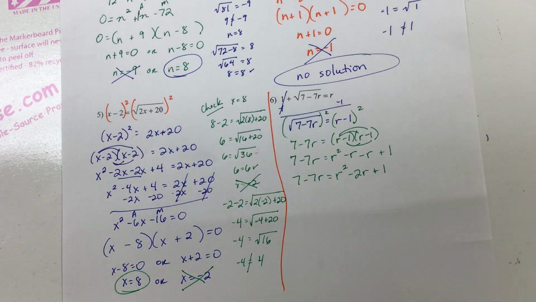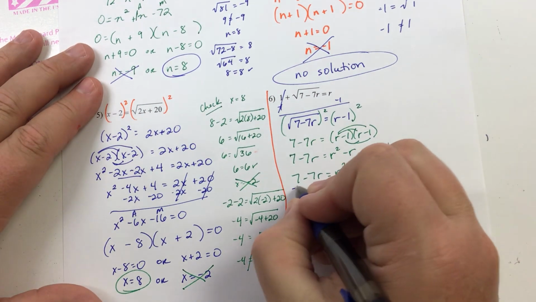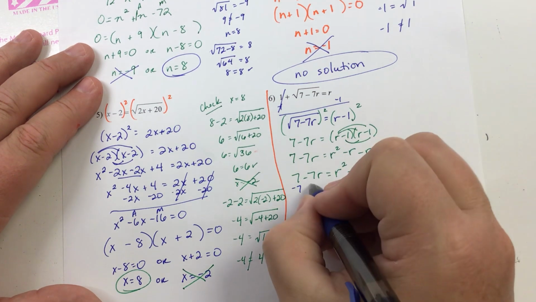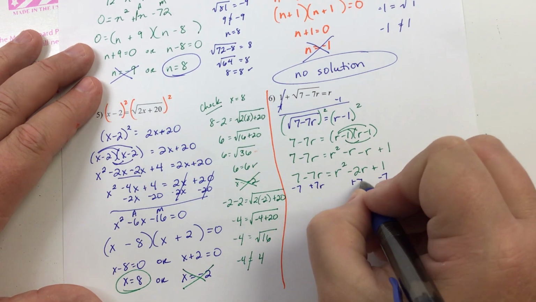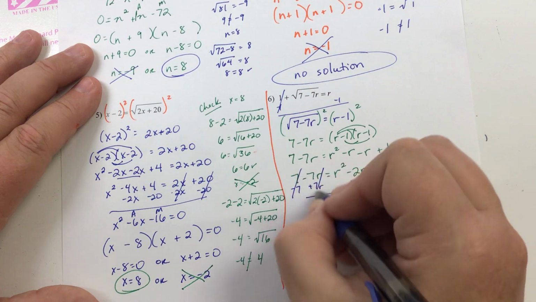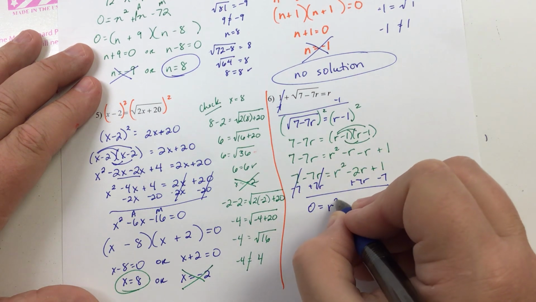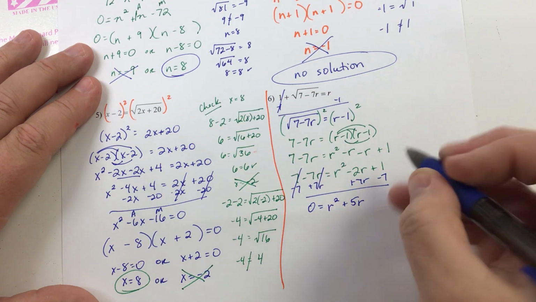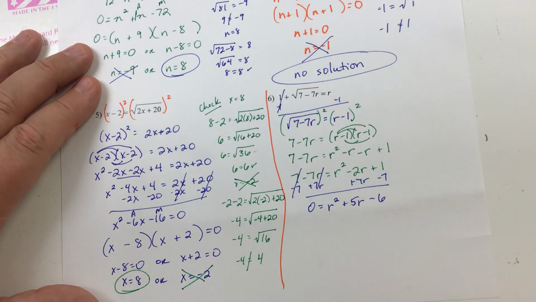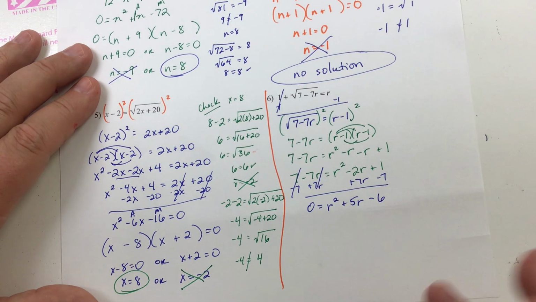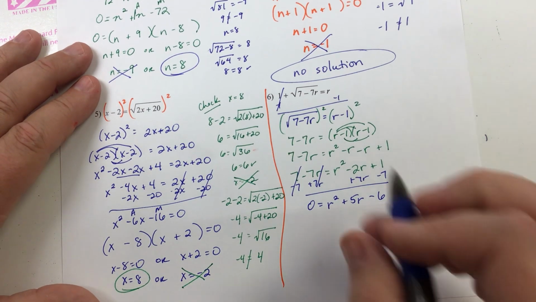Since it's a quadratic, I need to get the equation equal to 0 so I can factor. So I'm going to subtract 7 from both sides, and I'm also going to add 7r to both sides. So I'm going to be left with 0 equals r squared plus 5r minus 6. So now that it's equal to 0, and I've combined like terms, I'm going to factor.